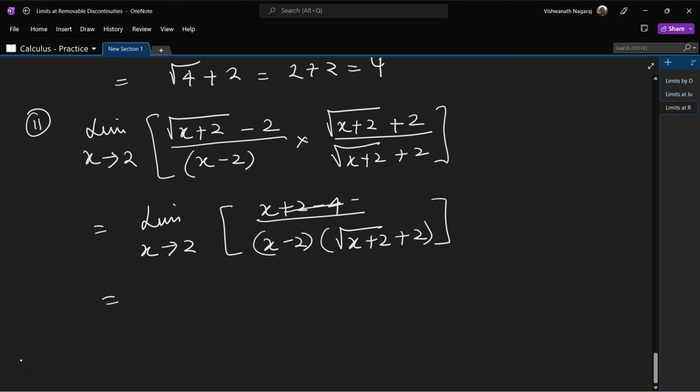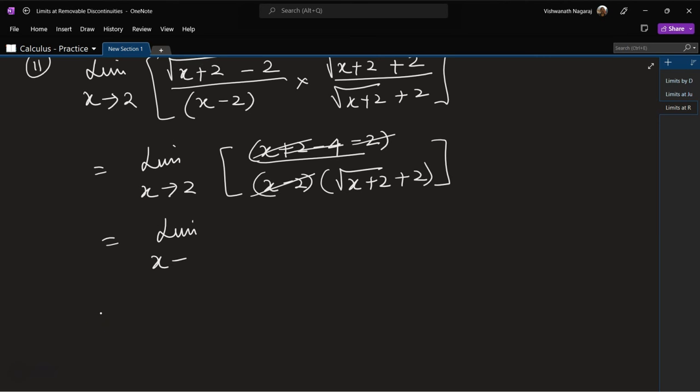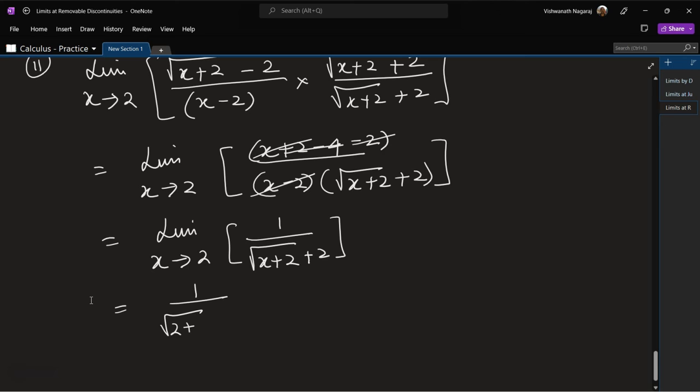This plus 2 minus 4 becomes minus 2. So x minus 2 and x minus 2 cancel out. So we are left with the limit as x approaches 2 of 1 by (square root of x plus 2, plus 2). And we do direct substitution. So square root of 2 plus 2, plus 2, which is equal to 1 by square root of 4 plus 2, which is 2 plus 2, which is 1 by 4.